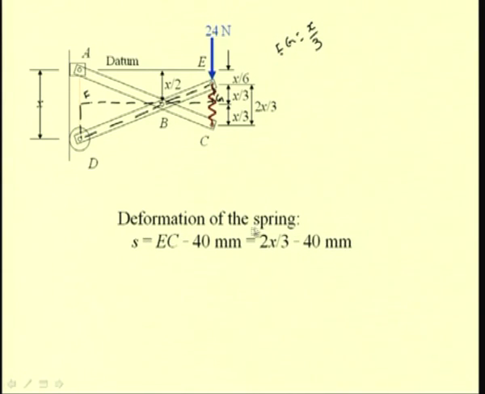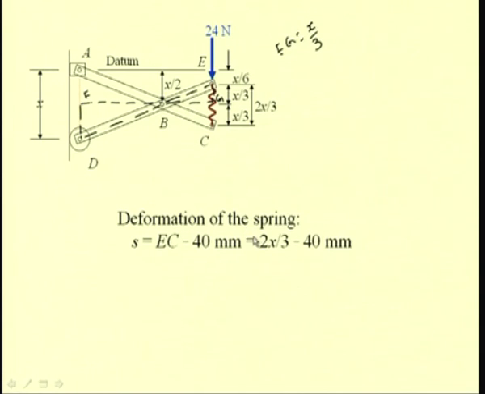So, the deformation of the spring is equal to EC minus 40 mm, because 40 mm is the original length and EC is the current length of the spring for a given position.